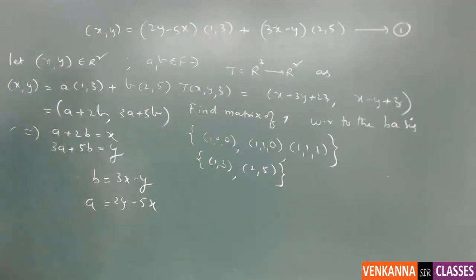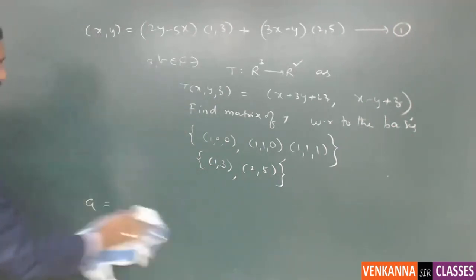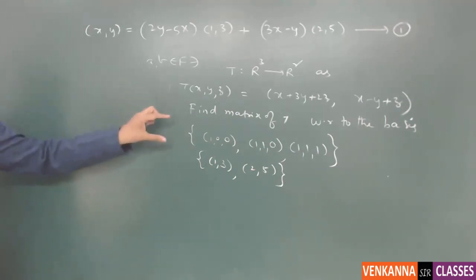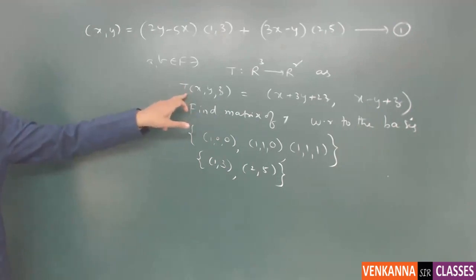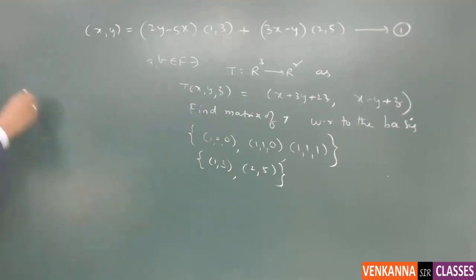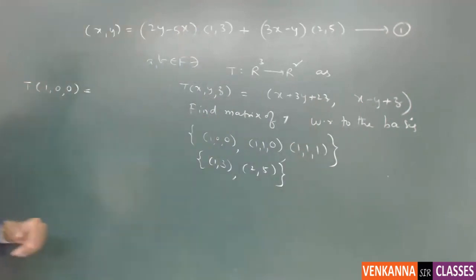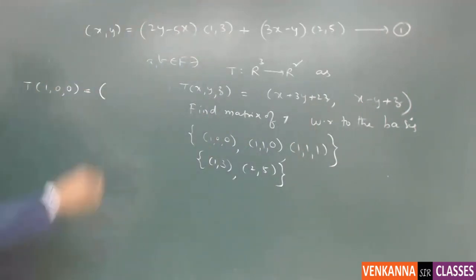Now I have to go for step 2. So from the procedure which is described above, step 2 is nothing but for the domain basis we should apply T, right? So you calculate T of 100. So applying the values here, what is the value there? 1 comma 1, right?